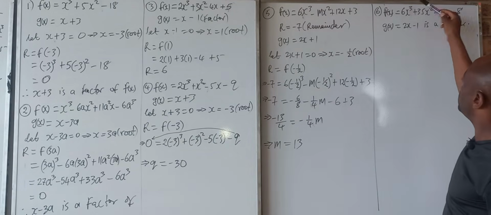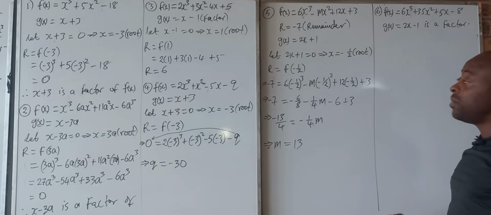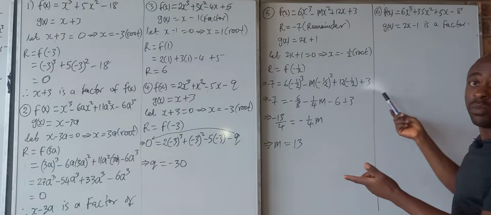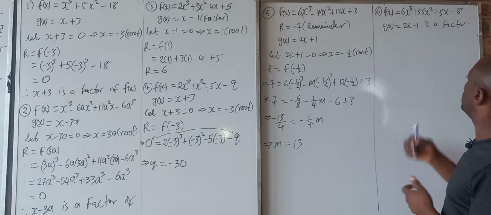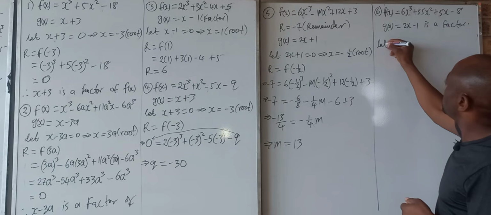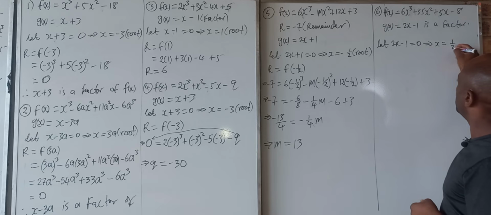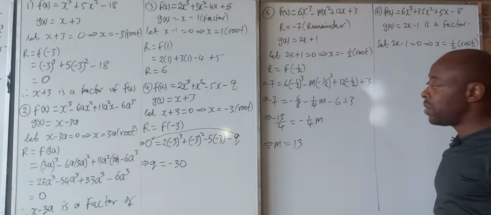We need a number that, if we add to f, will make 2x minus 1 a factor. But because we've got two functions, our procedure is the same. The smaller function, you equate to 0, solve for the root, and put it into the bigger function to see your answer. So I will start by saying let 2x minus 1 be equal to 0, so my root is a half. That is the normal procedure.